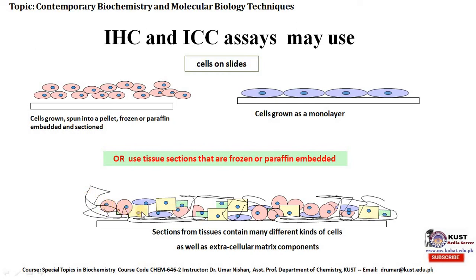So after sectioning the tissue, the cells are embedded in the tissue, and you can see that there are different types of cells, and we can also see the different extracellular matrix components.